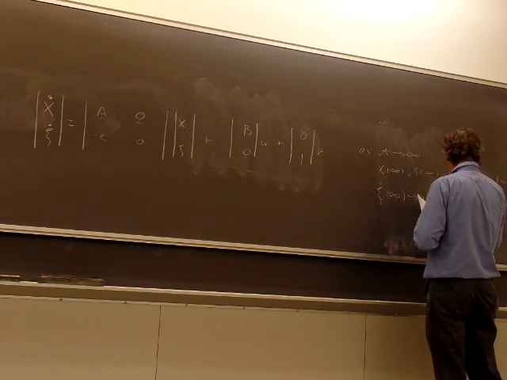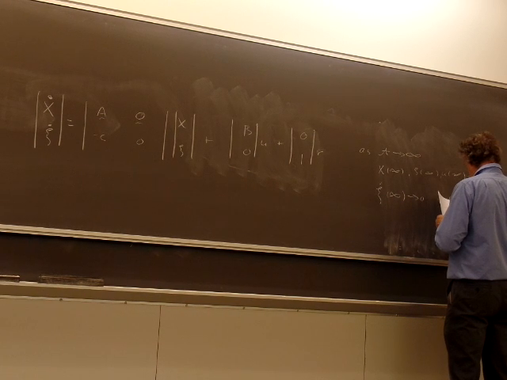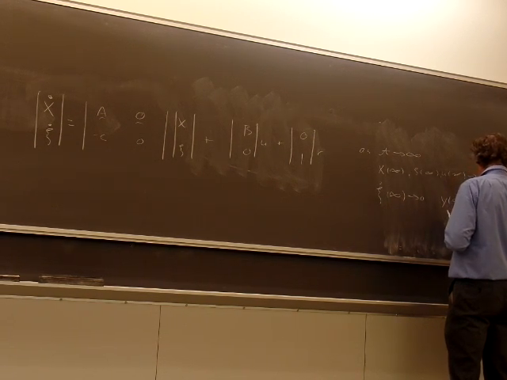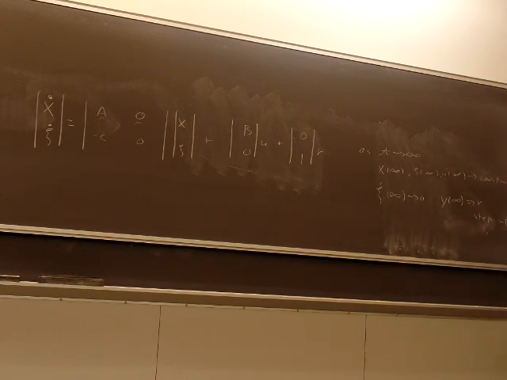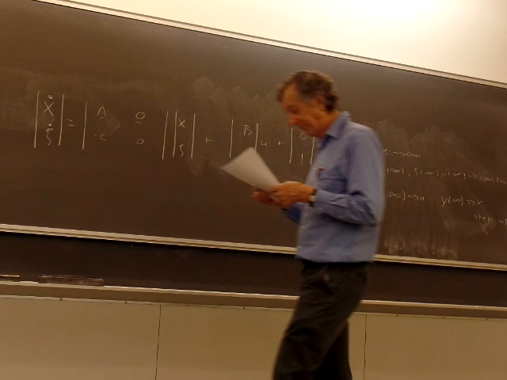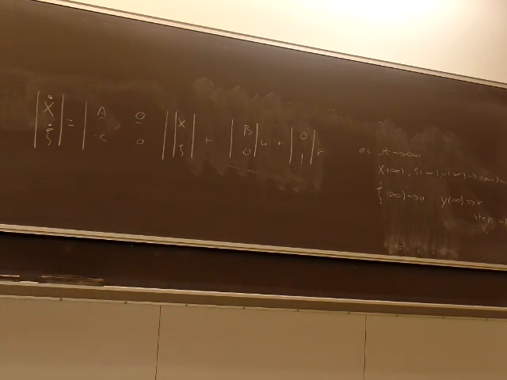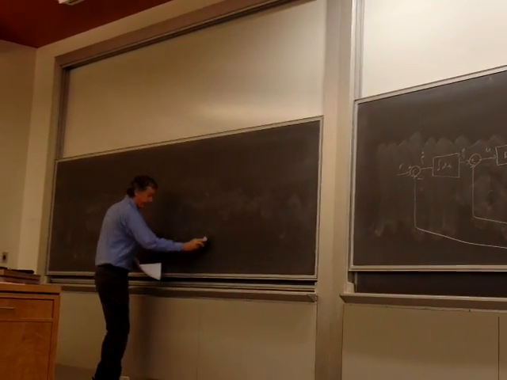And then y goes to R. I have a step input, and a step is obviously constant. I'm going to say my output is going to go to a constant also. So all of these state equations at steady state look simply like this.